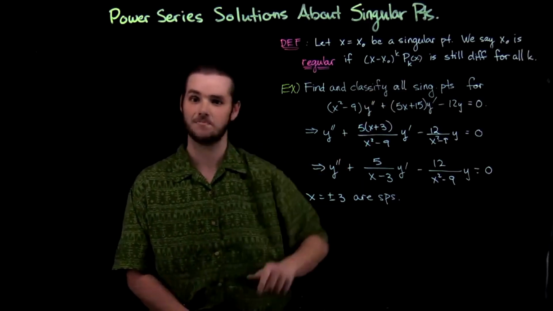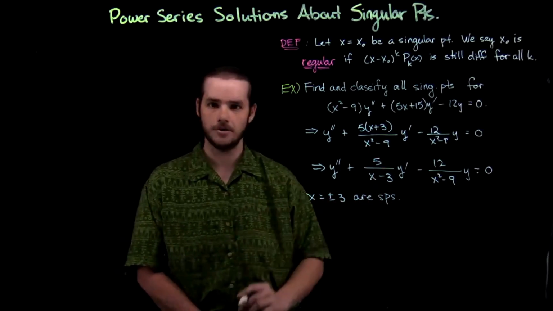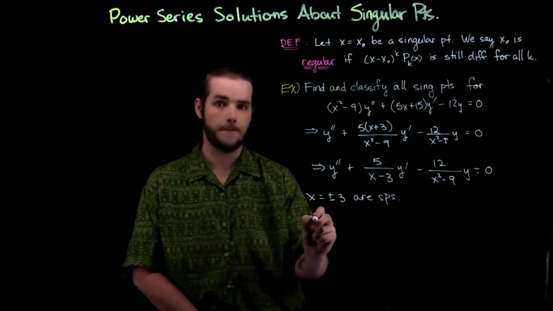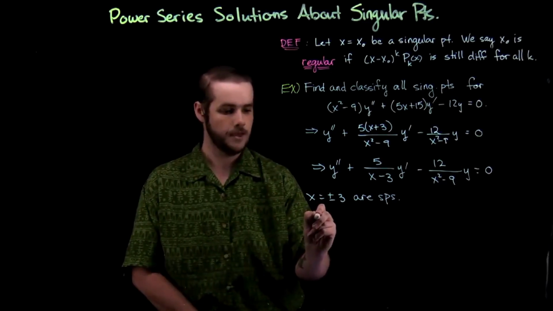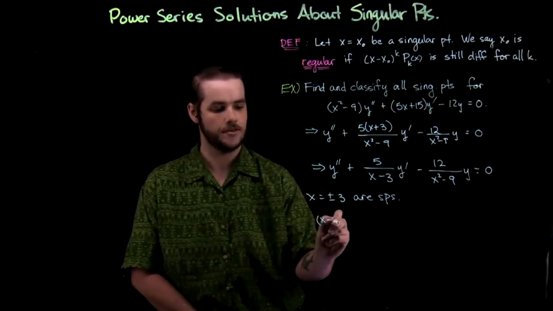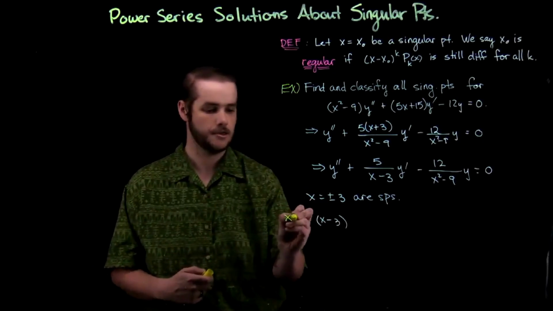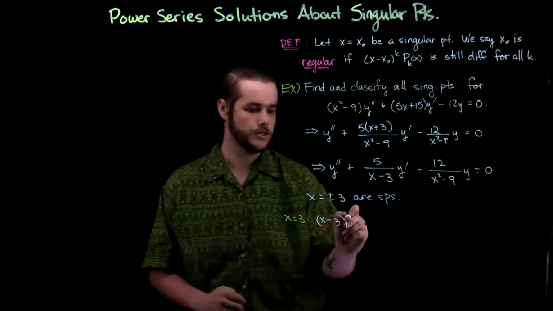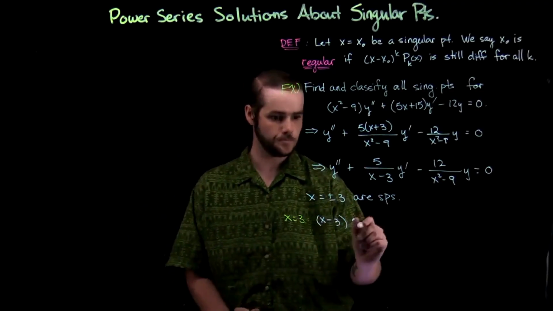By looking at this piece. So here, in my first degree term, I'm going to look at the first degree power series term. That's the x minus 3, right? So let me specify over here. I'm looking at the root positive 3 first. So I'm going to take that root and multiply it by the first degree term.